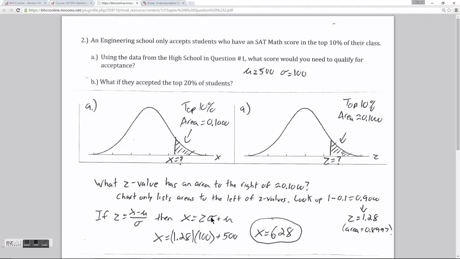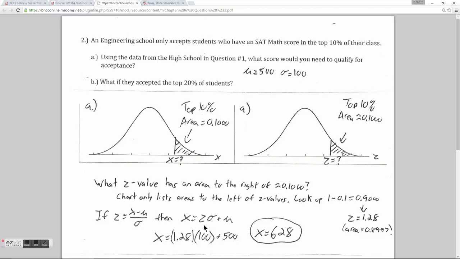Taking that information back to my problem. In the last problem, I used a formula to convert SAT scores, X values, into Z values. Rearranging this formula, I can use it to solve for X in terms of Z. So I'm going to use this formula right here with a Z value of 1.28.